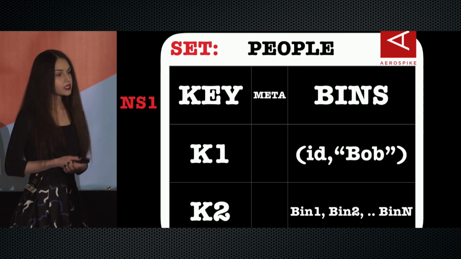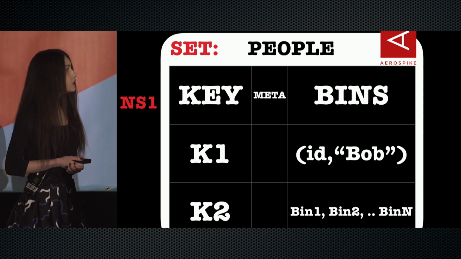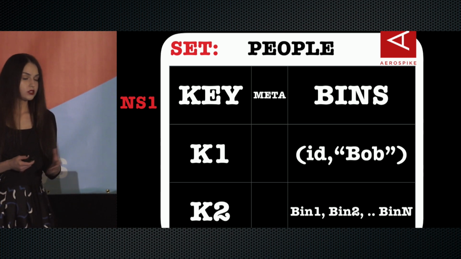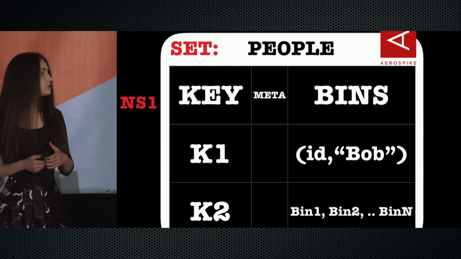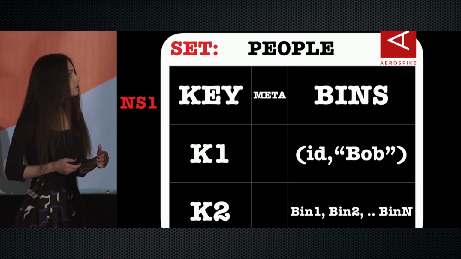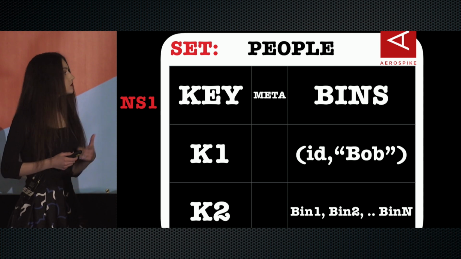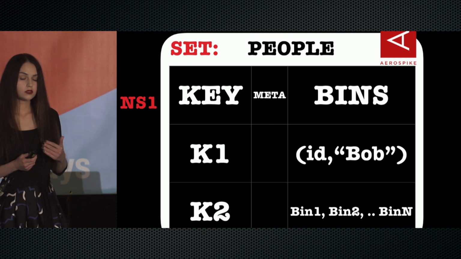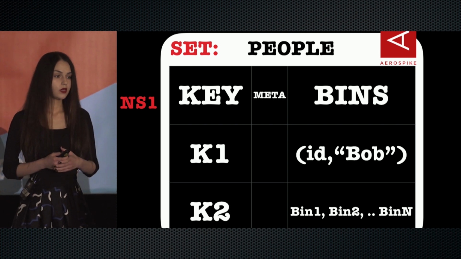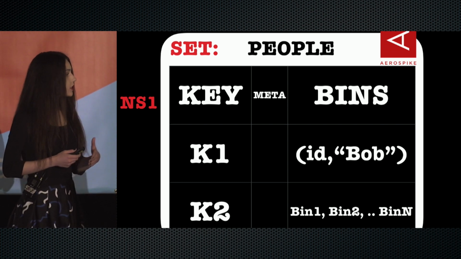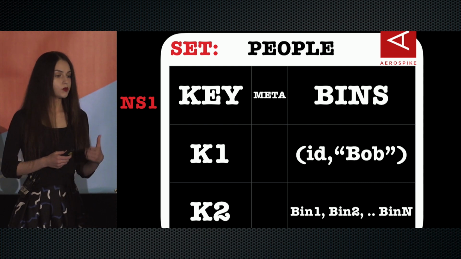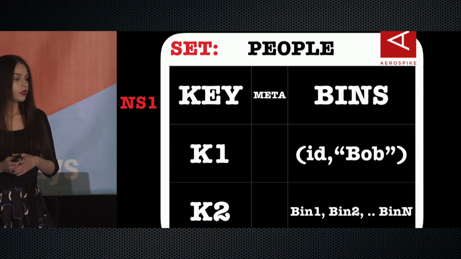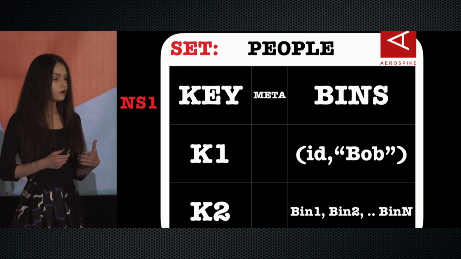So, Aerospike is a schemaless storage. It means when you need to change the type of the data, you don't have to modify the schema. Namespace, set, and bin are three essential concepts here related to data storage. Within a record, data can be stored in one or many bins. They all can have the same type or different types.